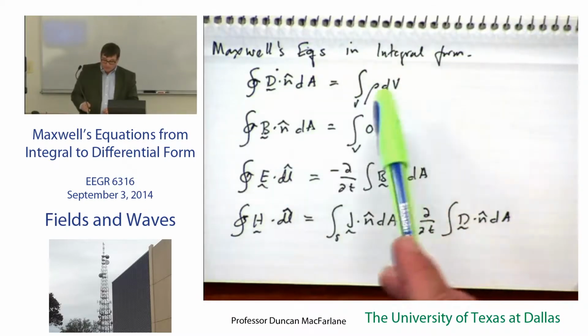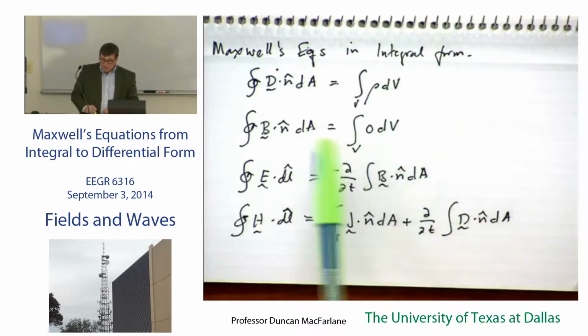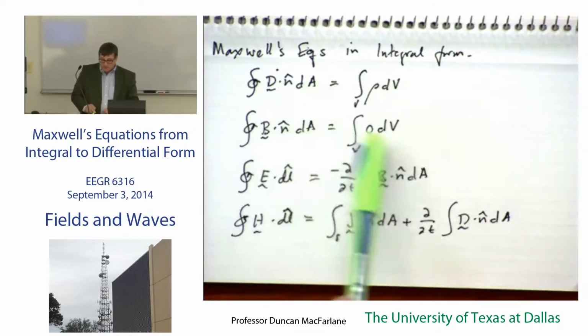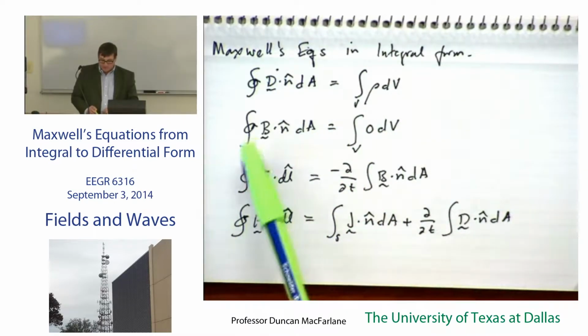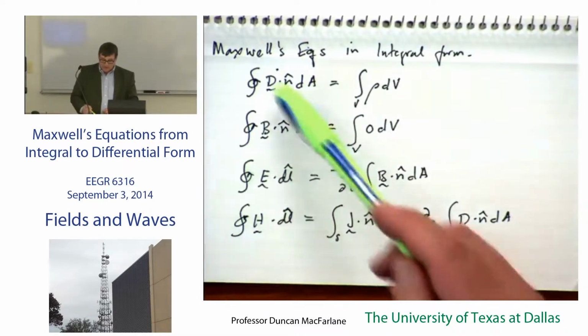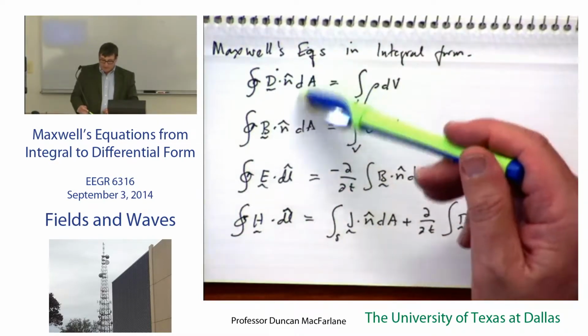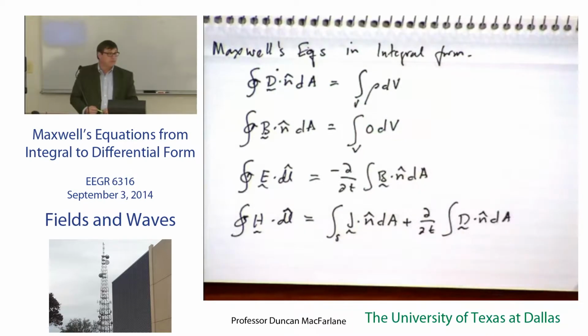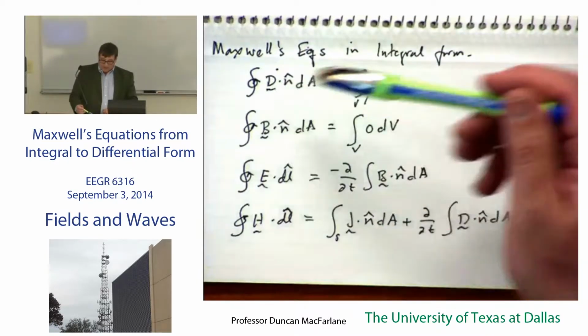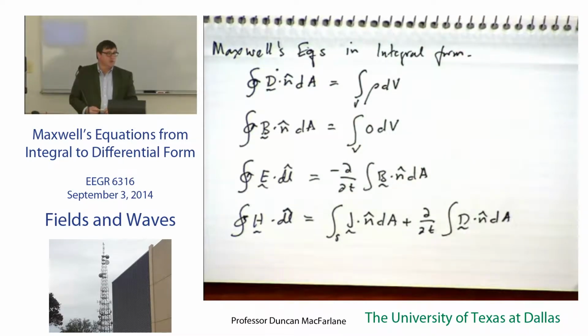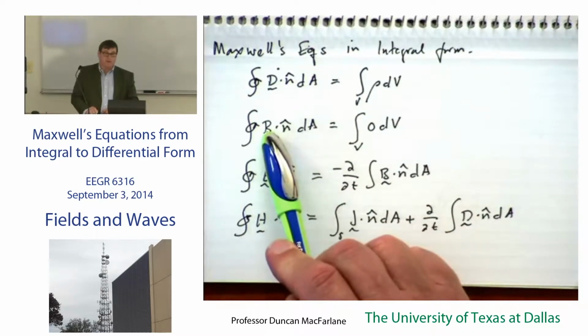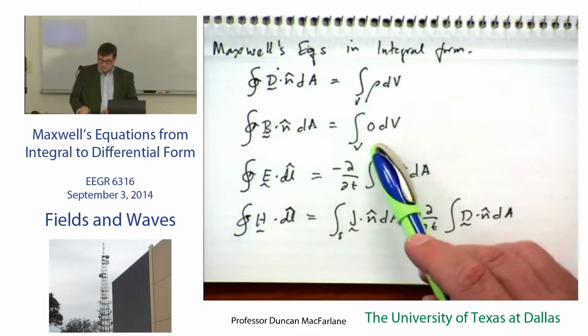Now, I move down to the next equation, and the next equation looks very much like the other one, right? I have a funny little line with a loop in it. I have a B dot n dA, d surface, and on the right hand side I have an integral across a volume. The only thing that's different is I've replaced the D with a B here, so I'm talking about a magnetic field. And I've replaced the rho with a 0 here.